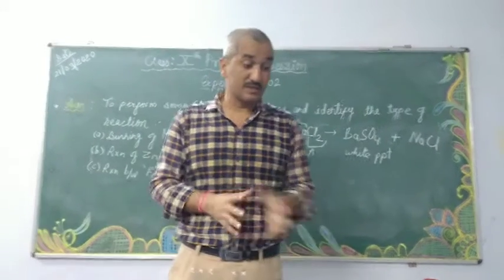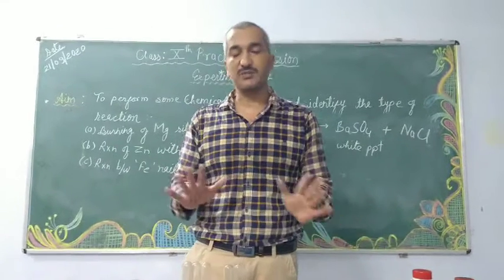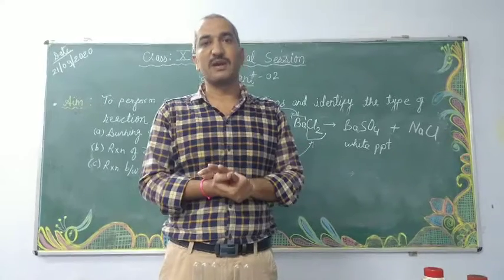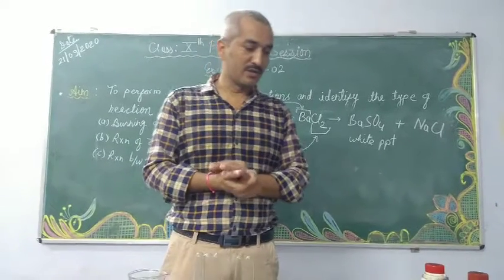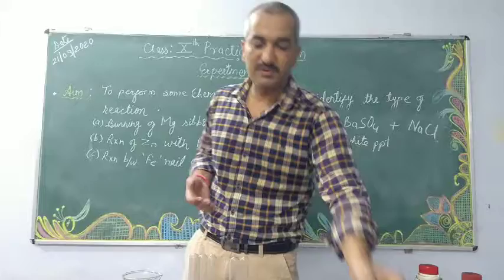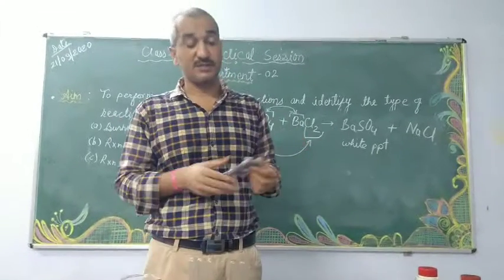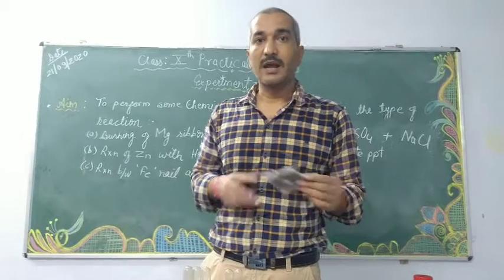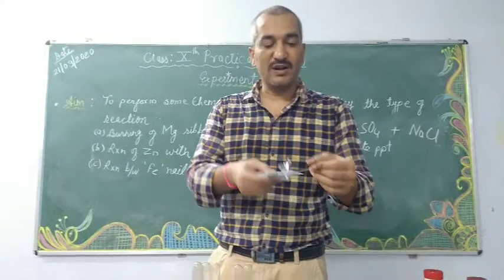Precautions must be taken while handling the chemicals. We should be careful, and this apparatus and the chemicals should be handled with care. And during the burning of magnesium ribbon, this burning activity should also be done with utmost care, and we should rub it. I have already done that.